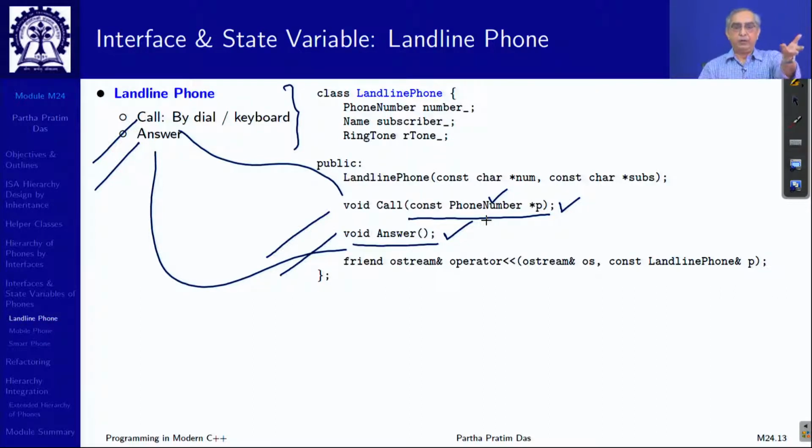I cannot make a call to a number unless I have a number myself. So I assume there has to be a state variable which is the phone number, and I have already taken care of the helper classes. Assuming those helper classes are there, I am not going to discuss the details of those classes; those are tiny concepts that are supporting me.